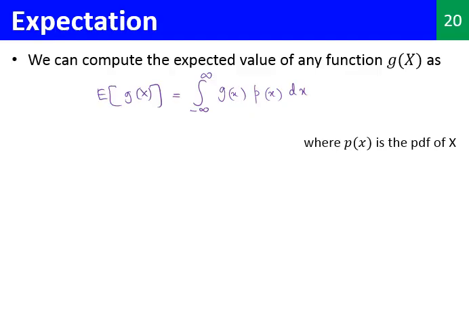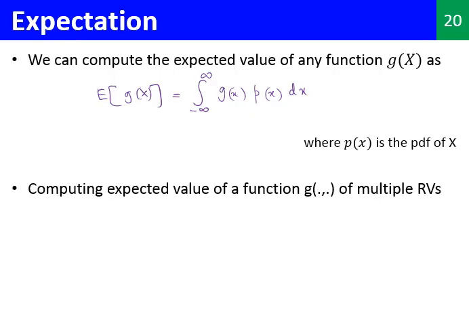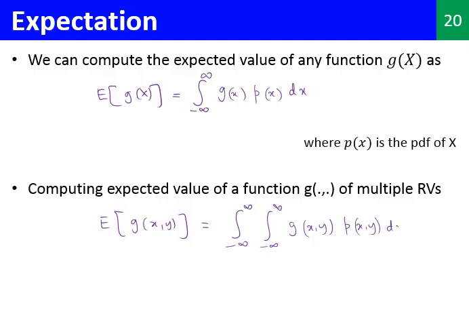And if we want to compute the expected value of a function of multiple random variables, let's say the function is g(x,y), then we'll be using the joint probability density function, which is p(x,y), dx and dy, right? p(x,y) is the joint probability density function of x and y. Okay.